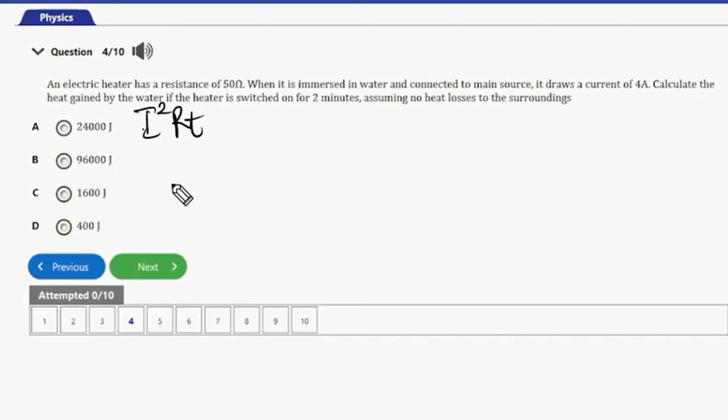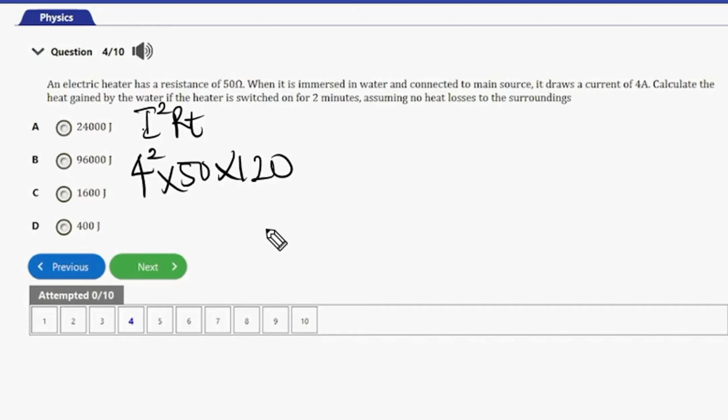So the current here is 4, so we are going to have the square of this 4, then times the resistance, which is 50 ohms, and then times the time, which is 2 minutes, and 2 minutes times 60, that's 120 seconds.